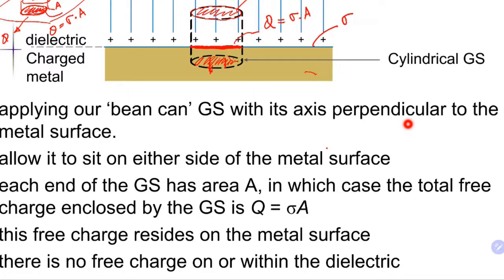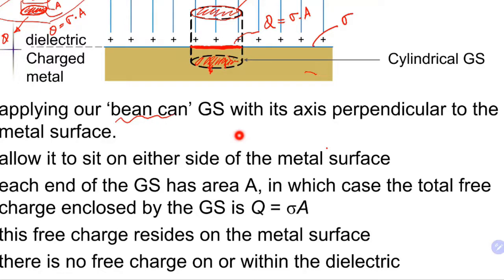And my cylinder has three surfaces: the top surface, the bottom surface, and the surrounding or curved surface of my bin can. The top has electric flux traveling through. The bottom is inside the conductor, so the electric flux is 0.